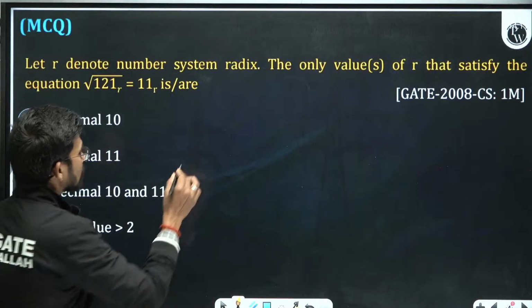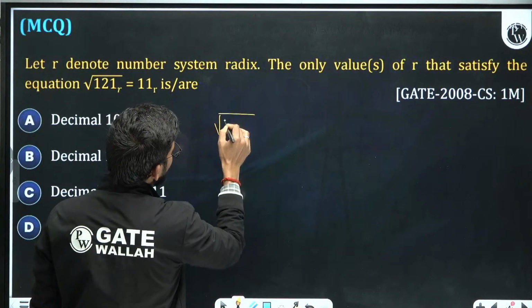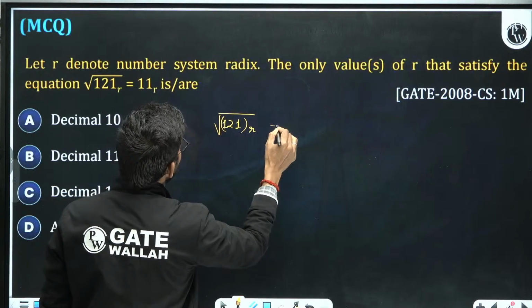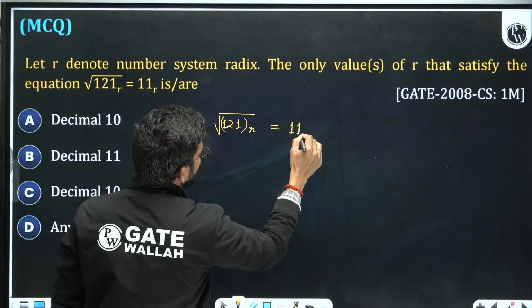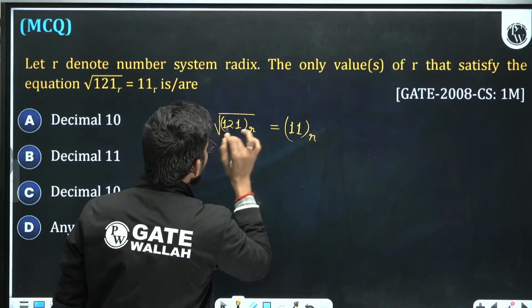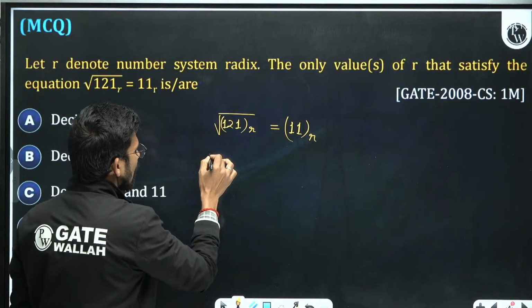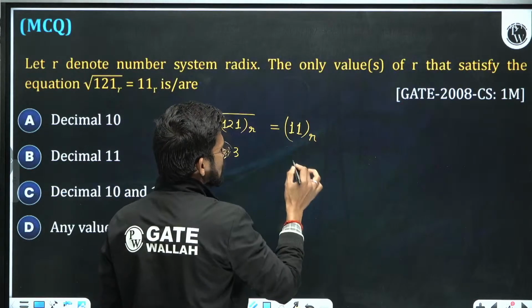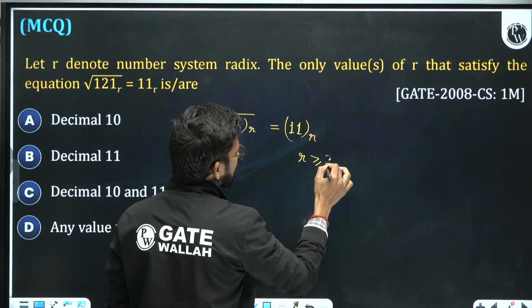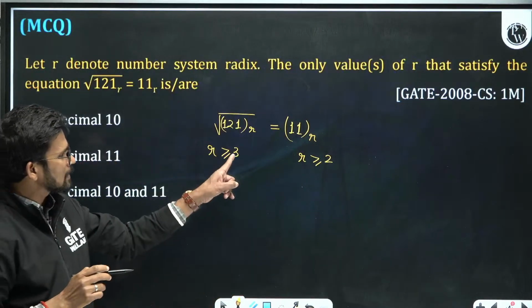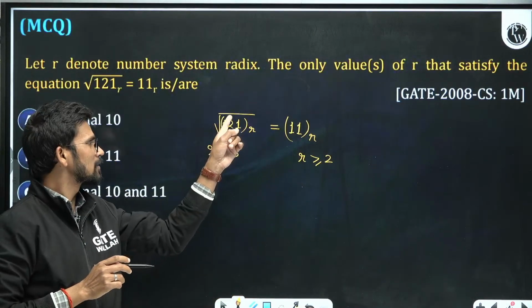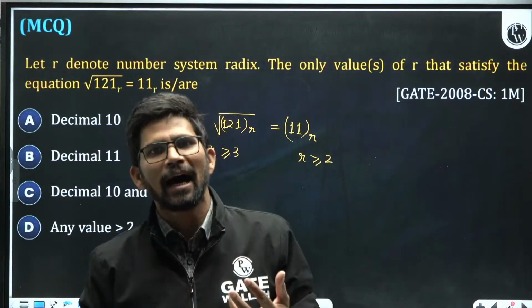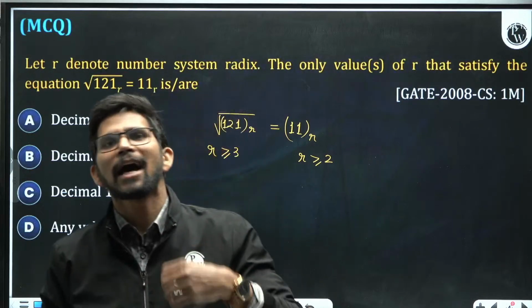Firstly, if any number is written in any base, the number should be a valid number. If 120 has to be a valid number, then R must be greater than or equal to 3. And for the other number to be valid, R must be greater than or equal to 2. Because if the base is 3 or higher, then only the digit 2 will be a valid digit. If the base is R, the maximum digit you can utilize is R minus 1.